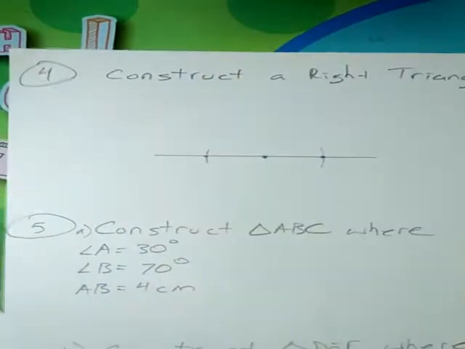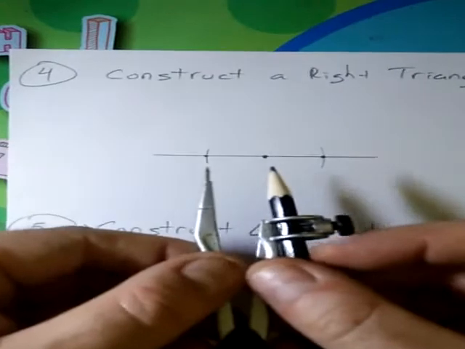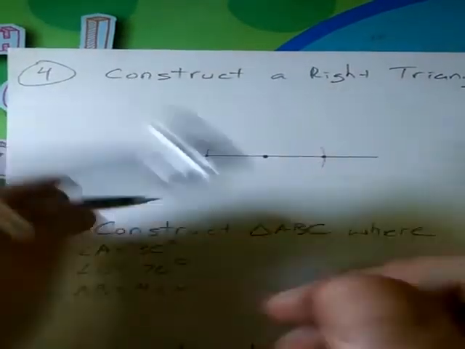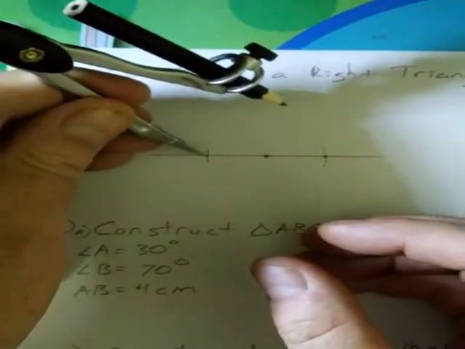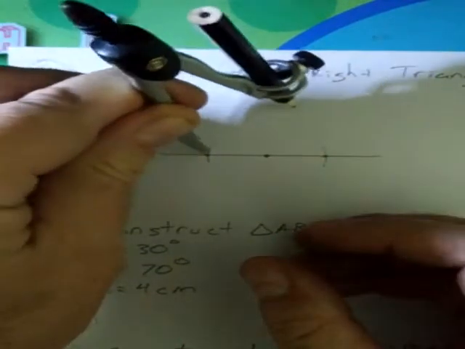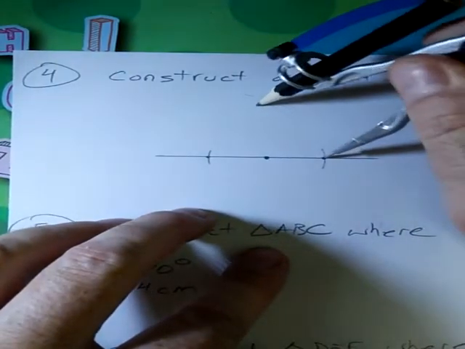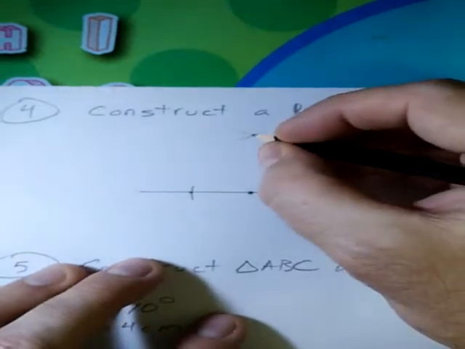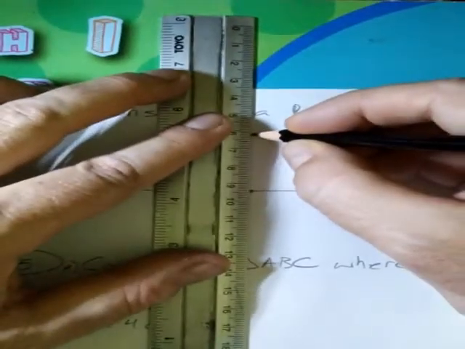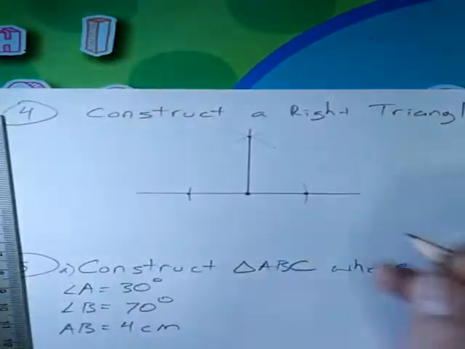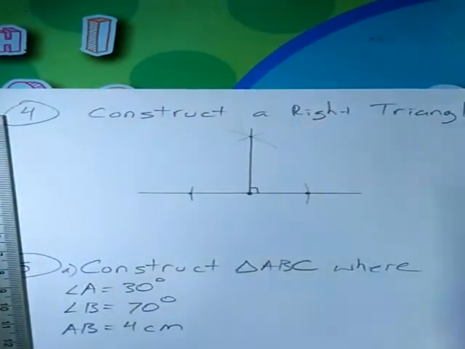And now I'm going to open up the distance of my compass a little bit, and putting the needle here, make an arc here, and also putting the needle here, make an arc here. And where those cross should be 90 degrees to my baseline right here.